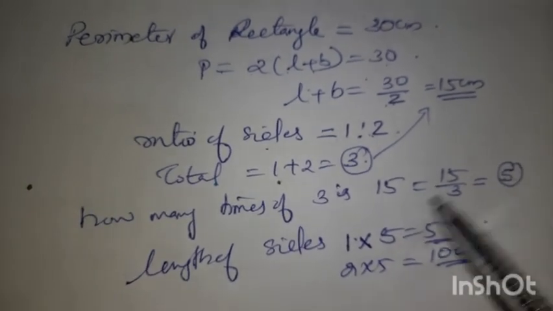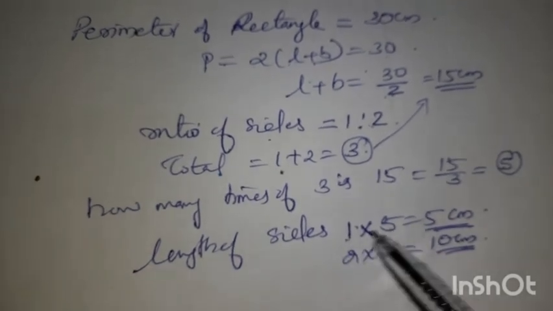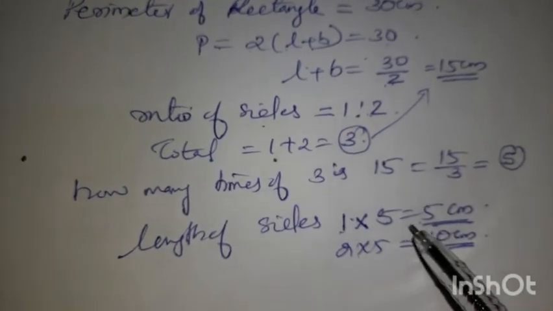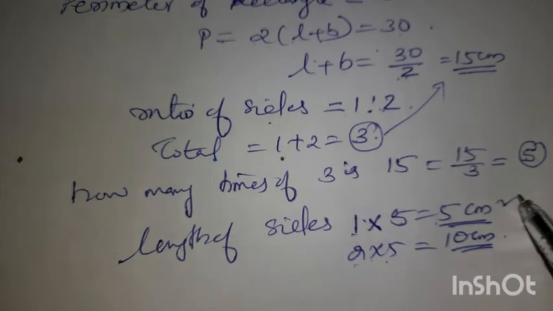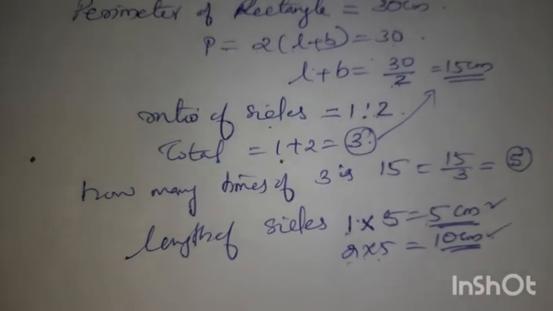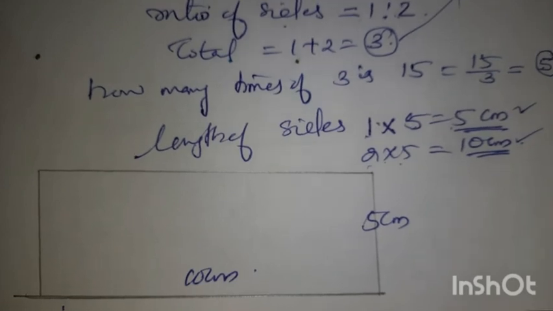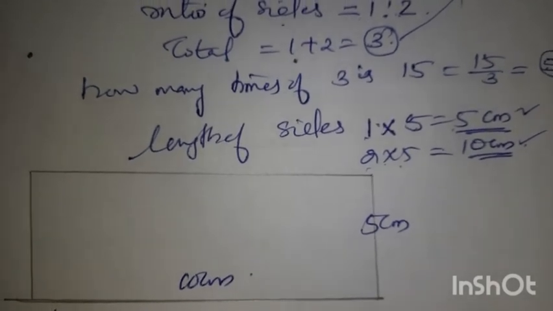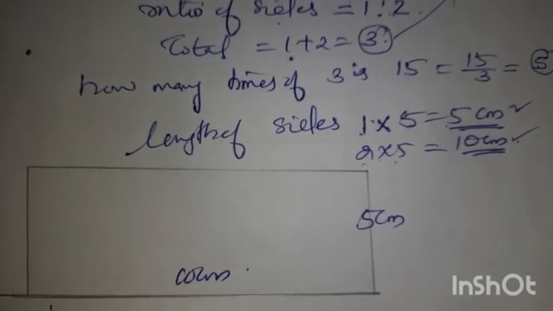The same 5 you multiply with the ratio: 1 into 5, the width is 5 centimeters, and 2 into 5, the length is 10 centimeters. So using this you can draw the rectangle with 10 centimeter length and 5 centimeter breadth. In the same way you can find the other two questions also.